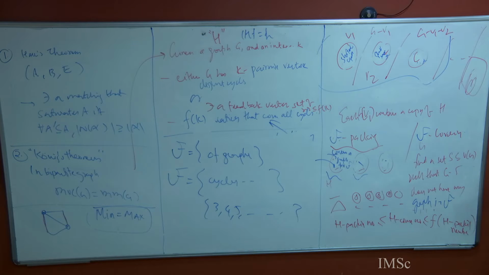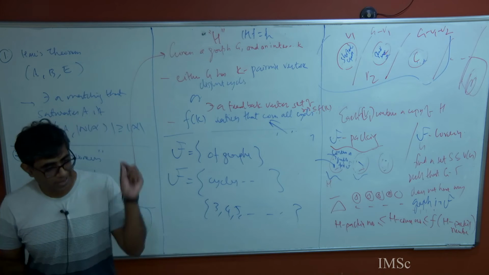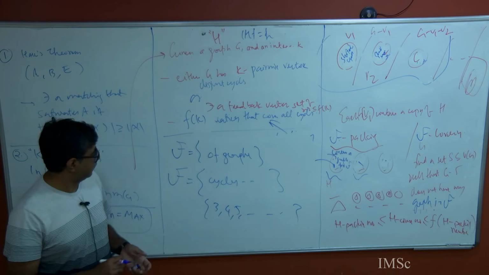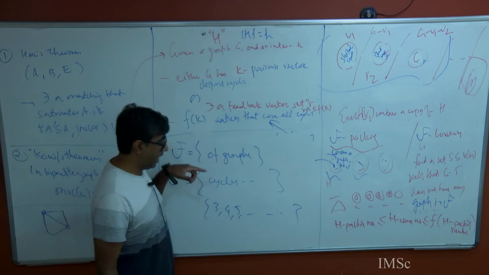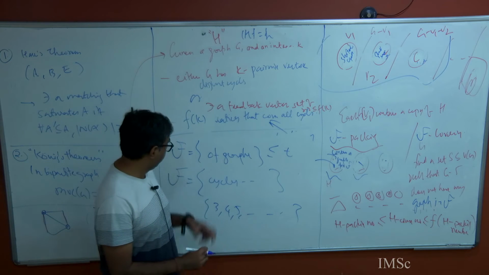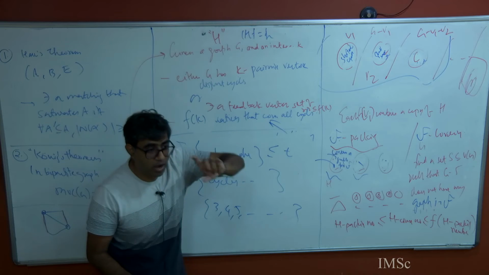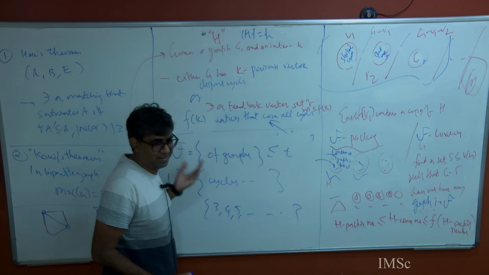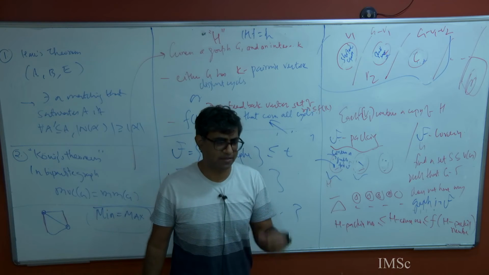So I cannot do what I was doing before for H, where the size of H is bounded. But imagine if I told you that I give you a family where every graph has size bounded by T. Up until now I was only considering one graph, but does it matter if I have a family of graphs where every graph has size at most T?